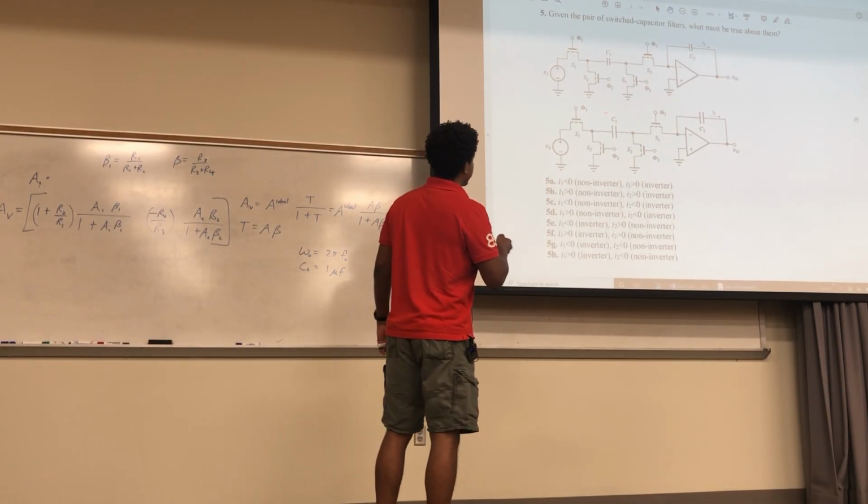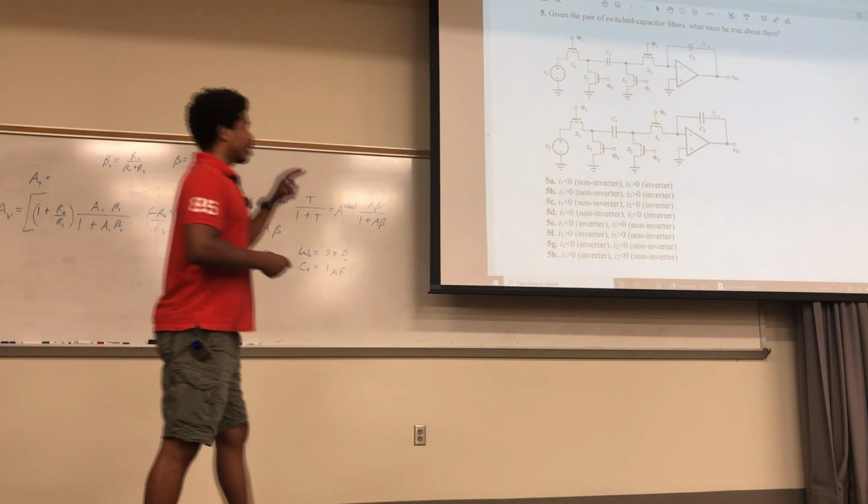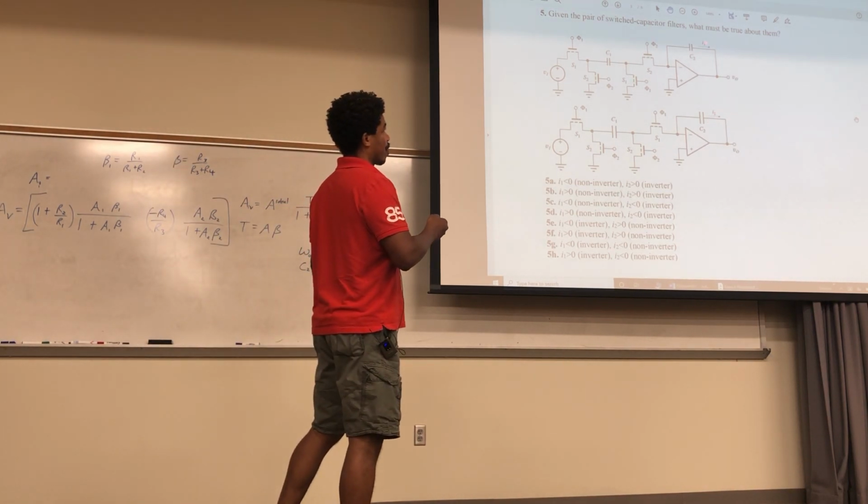When these two phi ones are both open, these two are both closed, and they go straight to ground, and vice versa. When these are not going to ground, it's like an open circuit, then these right here are both closed, and so the path can go through here. And by looking at what happens to that, you can determine what direction the current is flowing.